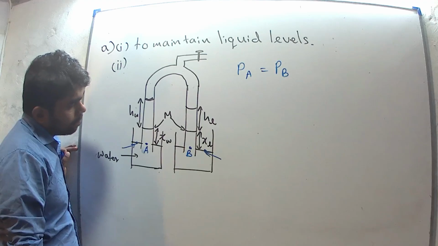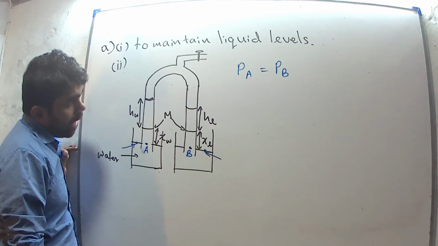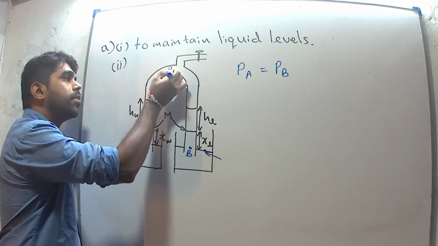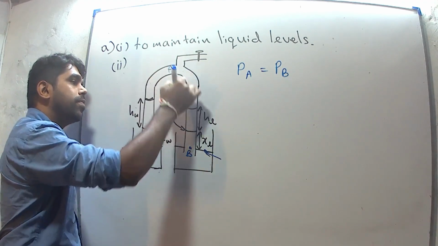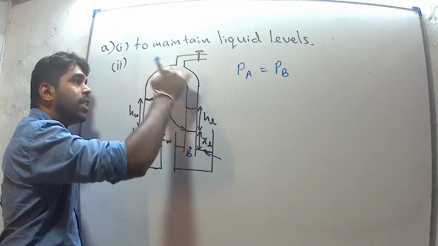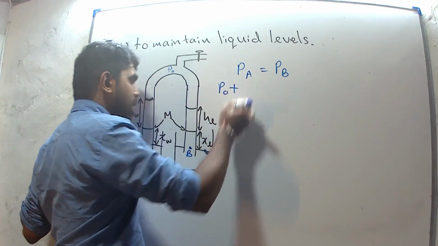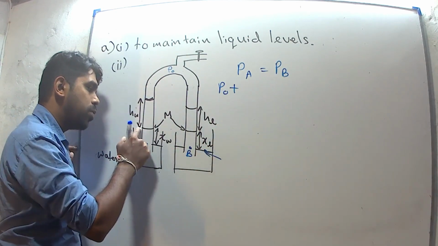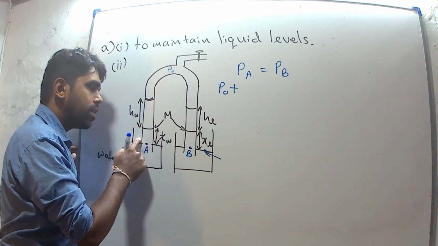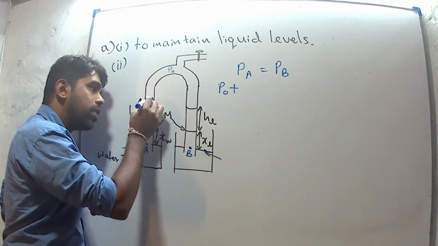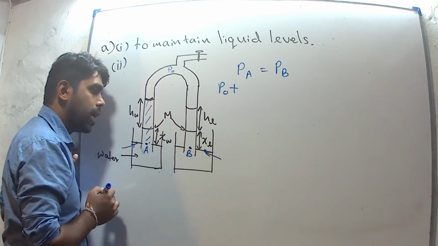Then we can write an expression for pressure at A. We can consider the pressure inside this tube as P naught. Then we can write P naught plus HW plus XW. It is the total height of this water column.